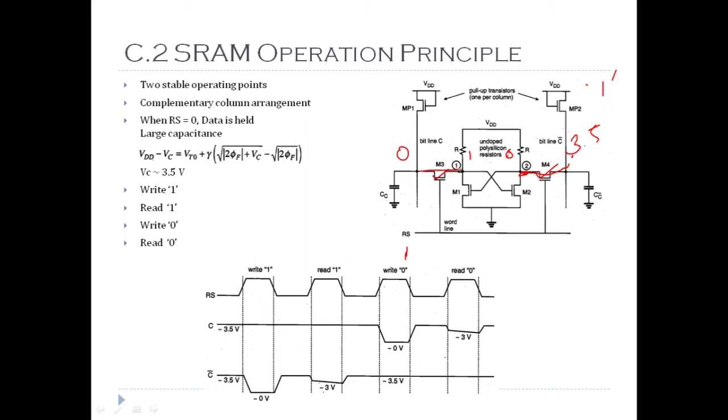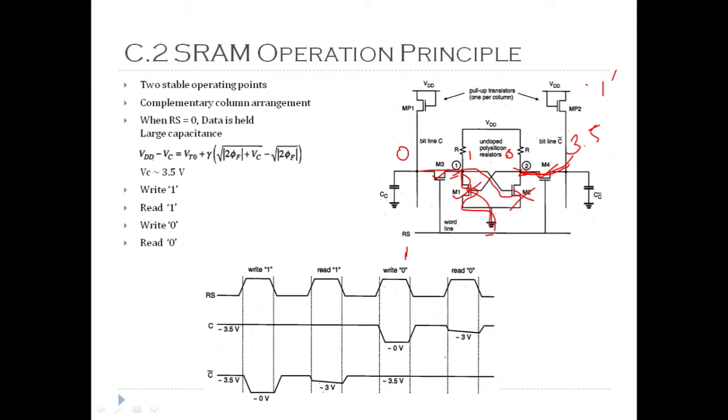As 3.5 is applied to this point, this M1 transistor is turned on. As it is turned on, there exists a small resistance path to the ground for this node 1. Now V1 becomes 0 because it is pulled down. As V1 becomes 0, it is connected to the gate of M2, so M2 is in cutoff state.